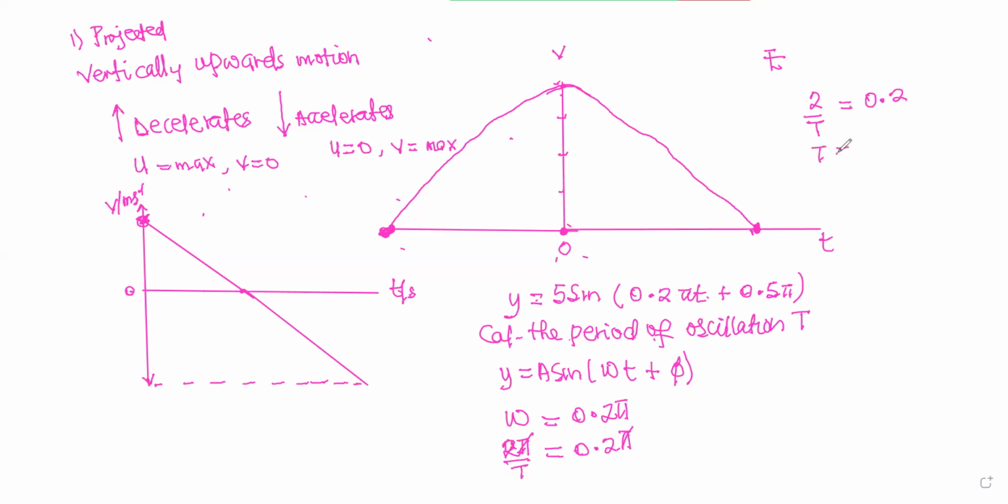T therefore must be equal to 2 divided by 0.2, which is 2 over 2 on 10, equal to 2 over 1 times 10 over 2. The answer therefore is 10 seconds.